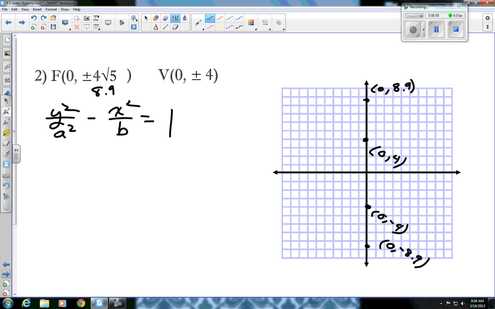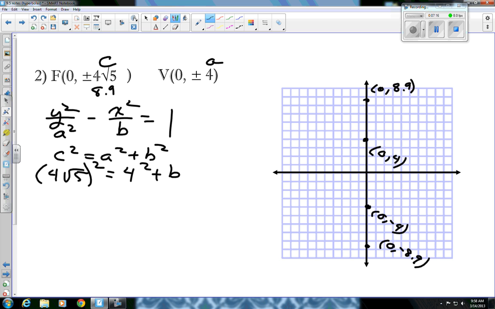And I know my a is 4. My c is 4 root 5. So I have c squared equals a squared plus b squared. So now when I do c squared, that's 4 root 5 squared equals 4 squared plus b squared.